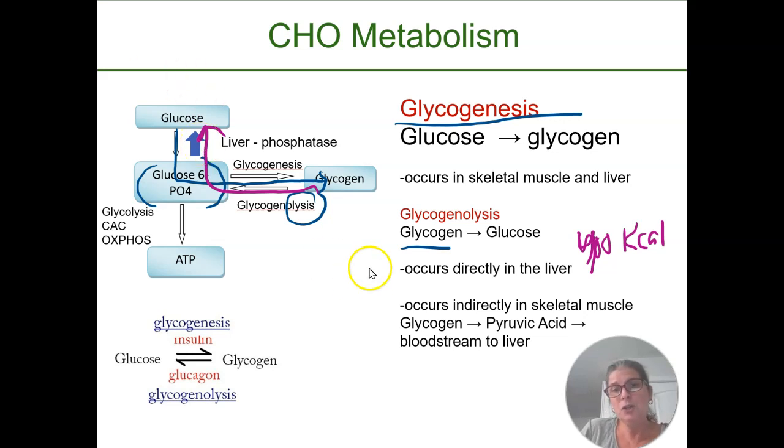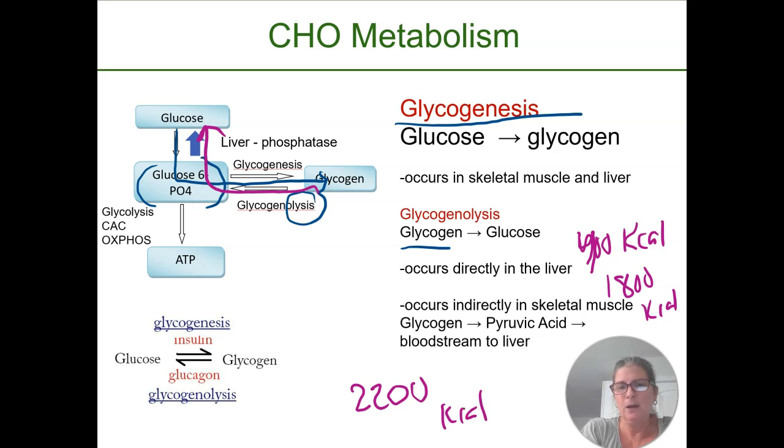That's because you are breaking down your glycogen from your liver, and it's maintaining your blood glucose levels. Then if you get hungry again, you really have to eat because you've used that up. We can take it out of skeletal muscle, which stores roughly 1,800 kcals worth. So if you add it up, you have roughly 2,200 calories worth of glycogen stored if you're eating well. That'll get you through a one-day fast.